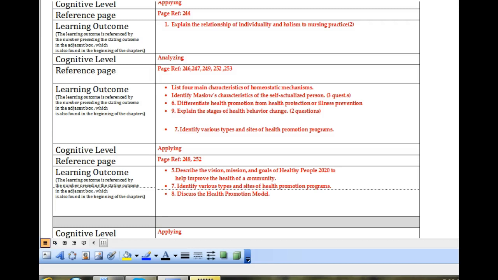Now, when I also speak of self-actualization, identify Maslow's characteristics of self-actualization, one actualized person, I wanted to make sure that I touch just a tad, nothing else. I'm just giving one question on Kalish's adaptation of Maslow's hierarchy of needs.